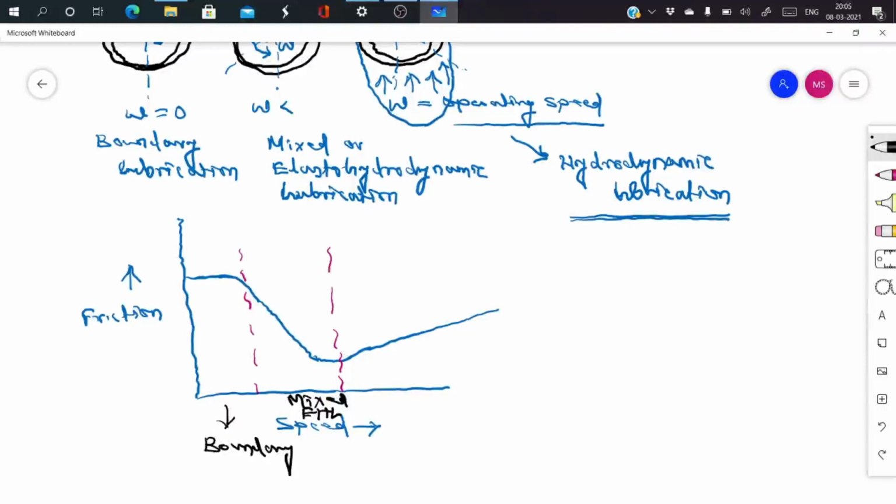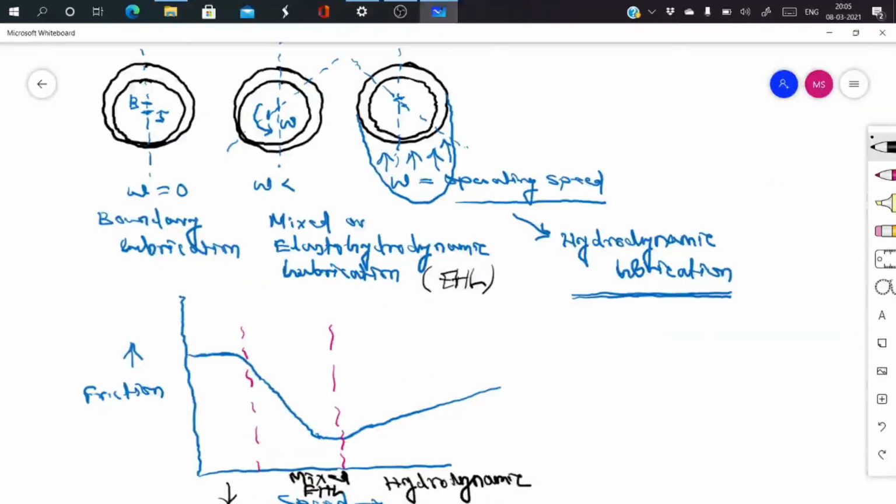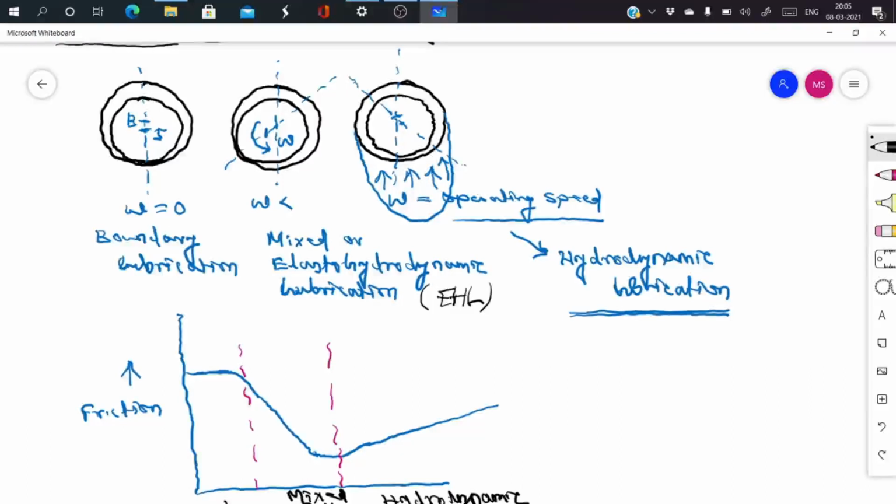This is EHL, elasto hydrodynamic lubrication, and the last phase is hydrodynamic. If you look at the film thickness, what is the film thickness? It is the gap between the journal and bearing. So at the minimum film thickness point, the film thickness will go like this.